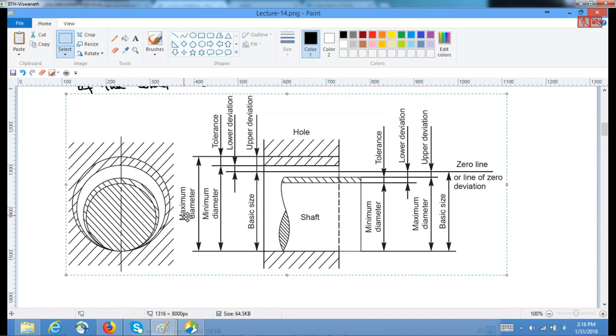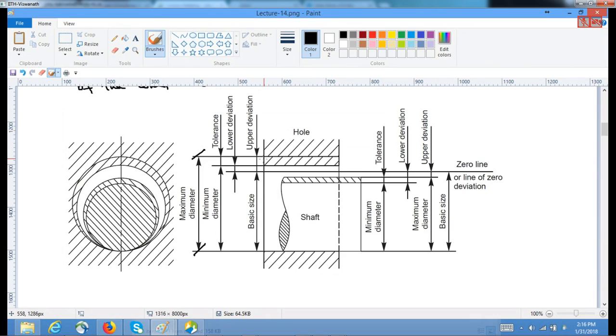So as you are seeing here, this is the hole, and this is the shaft. This is the maximum diameter of the hole, from here to here. Similarly, the minimum diameter one can tolerate is from here to here.